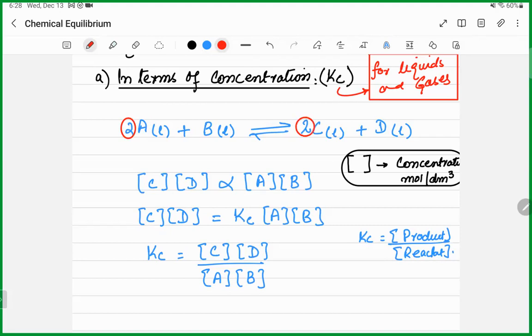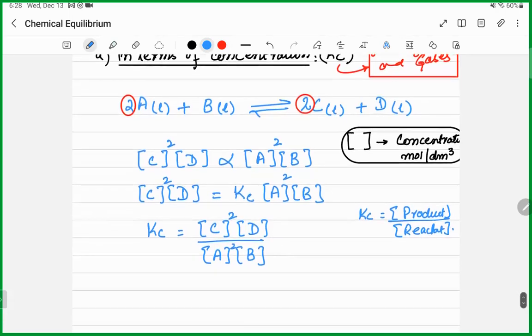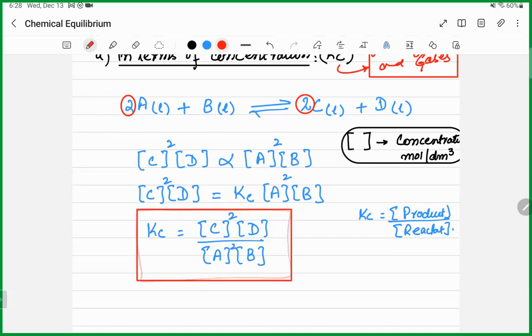Okay? So what we do is we make the coefficient of these reactants the power. Okay? So 2 was attached to which one? 2 was with C. If it would be 3, I would put the power 3. Okay? So in terms of concentration, Kc is the product over reactant and the coefficients become powers. Clear?